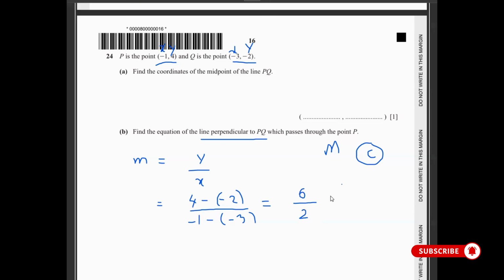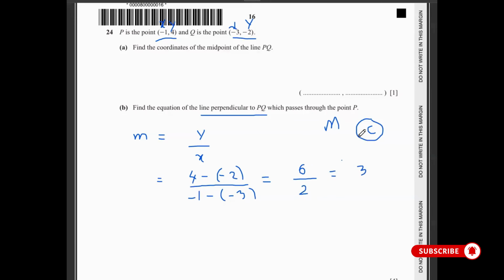So 6 divided by 2 is 3. So the gradient of the line PQ is 3, right? The gradient of the line PQ is 3.